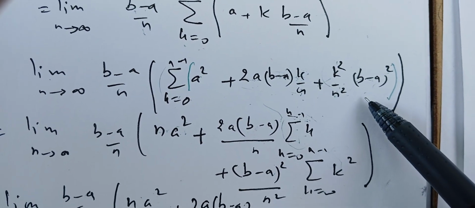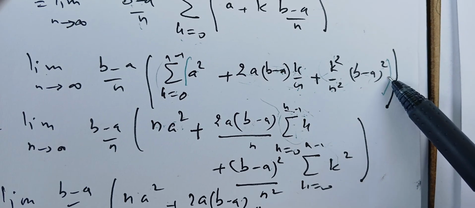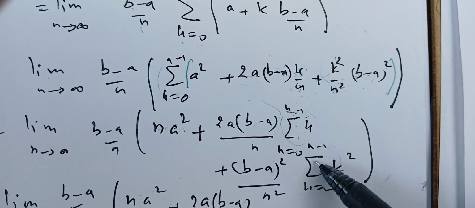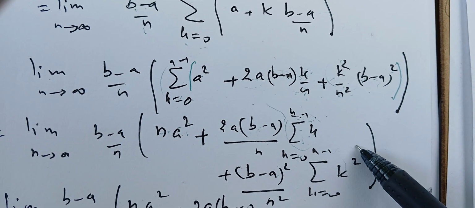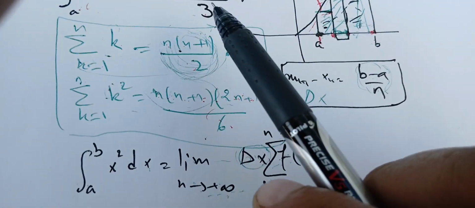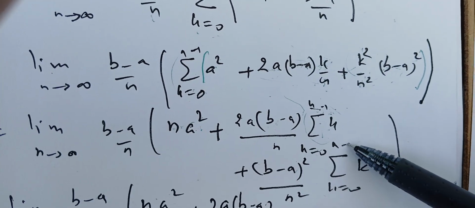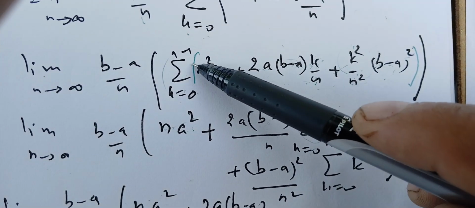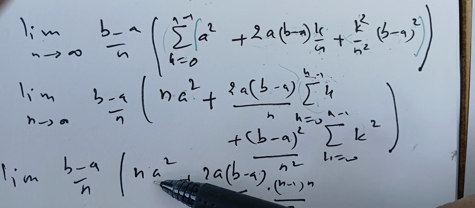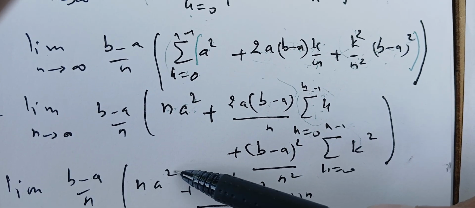The same thing here: we take (b minus a) squared over n squared, and we sum only the squares, and we use these results here. Note here that we stop at n, but here we stop at n minus 1. Look at the index. So here we got this sum, it's going to be n a squared.